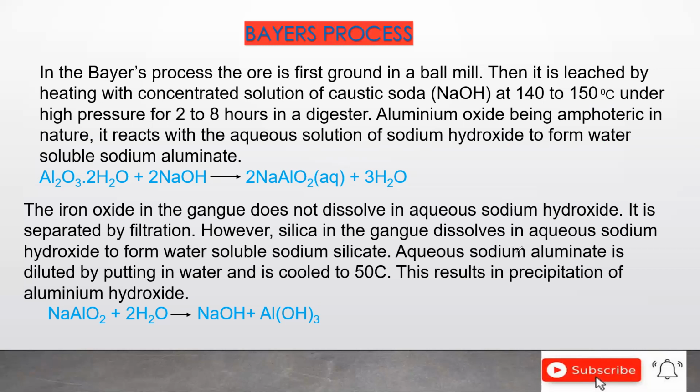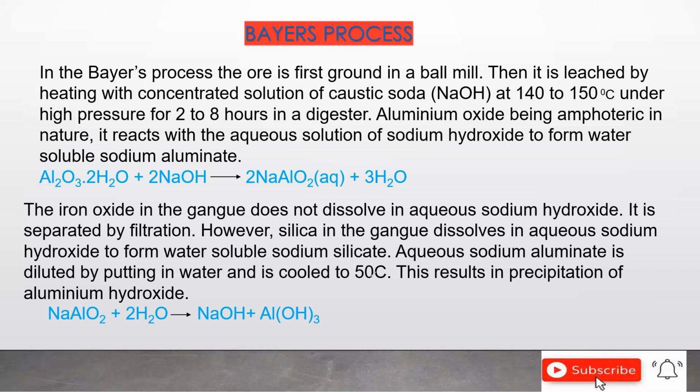Now, the aqueous sodium aluminate is diluted by putting in water and is cooled to 50 degrees Celsius. So we know if we want to dilute any concentrated solution, we have to add water. So here also sodium aluminate is diluted by adding water and it is cooled to 50 degrees Celsius.